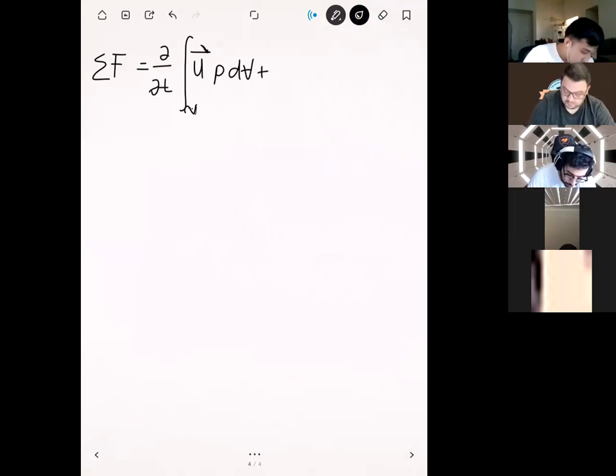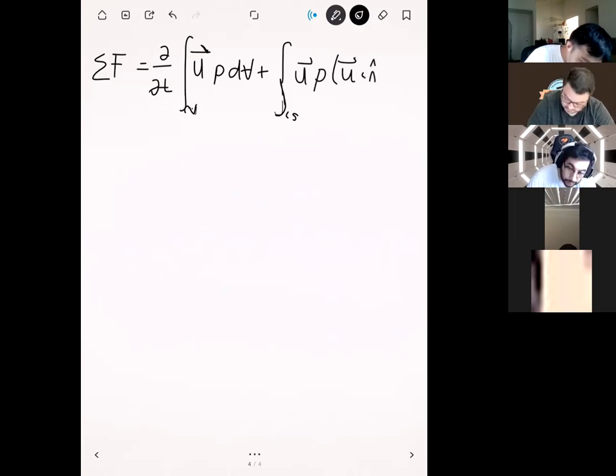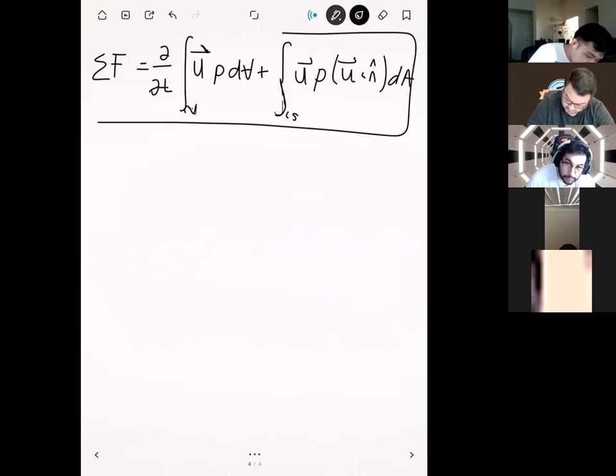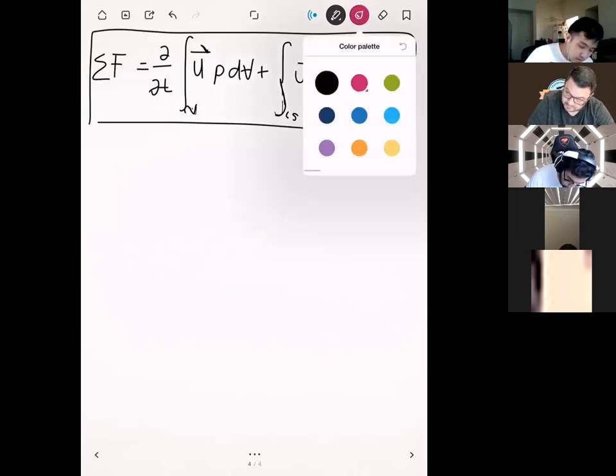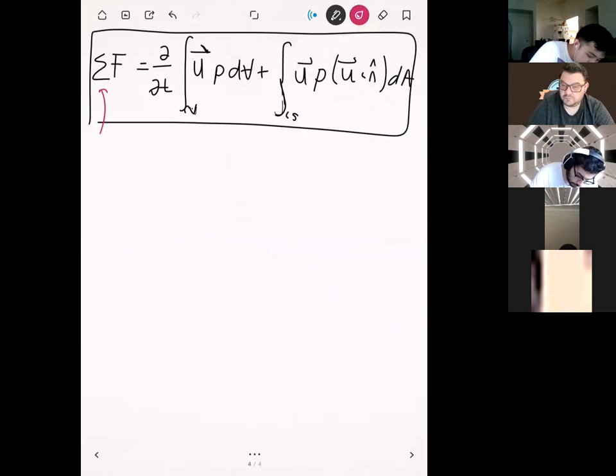Plus our inflow outflow term. That's the integral over the control surface of u rho u hat dot n dA. Okay. Right, and just to label this, right here is production of momentum.